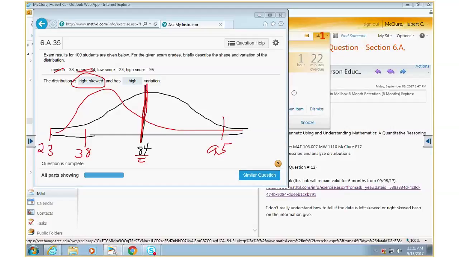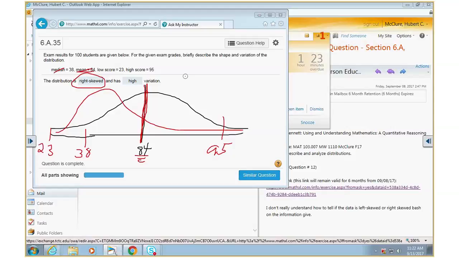Now, what are they asking? Okay. Why does it have a high variation? Well, if your mean is close to your median, then you have no variation, or very little variation.